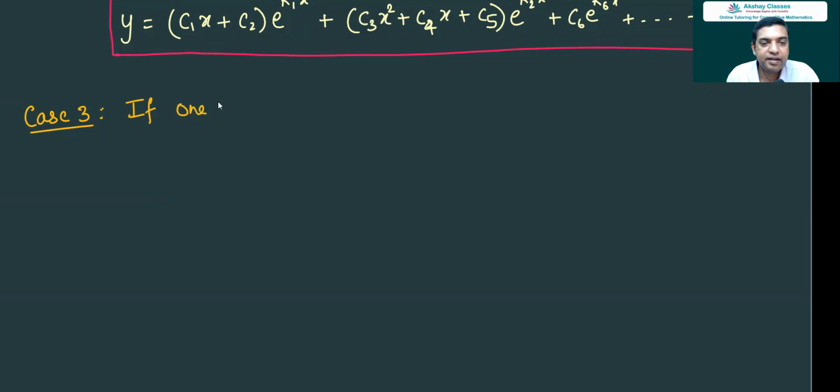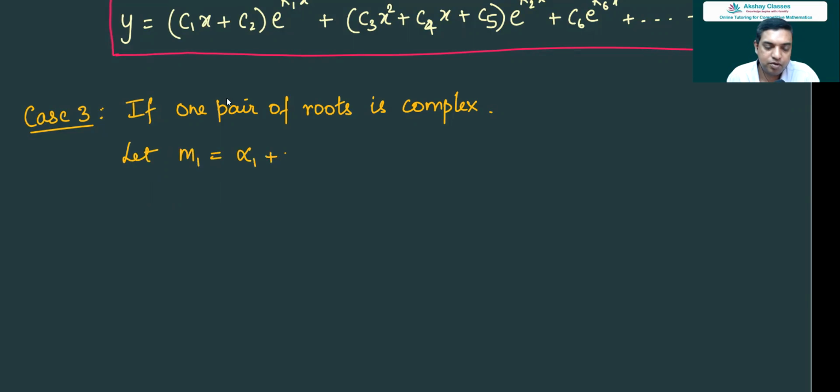So, if one pair of roots is complex, then let m1 be alpha plus i times beta, and m2 is alpha minus i times beta.